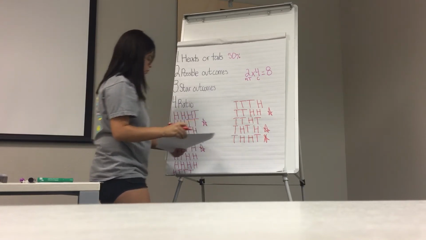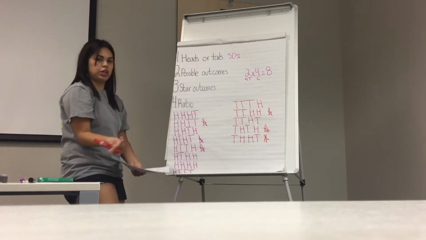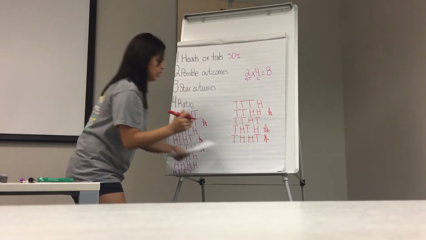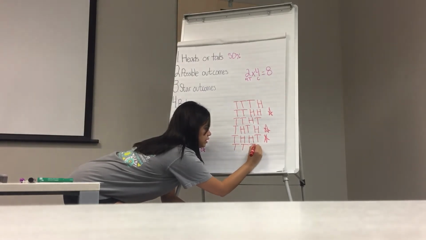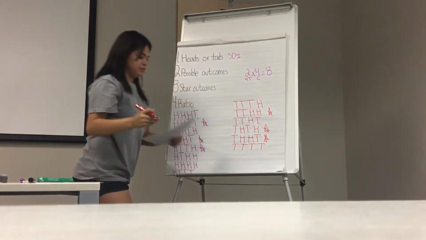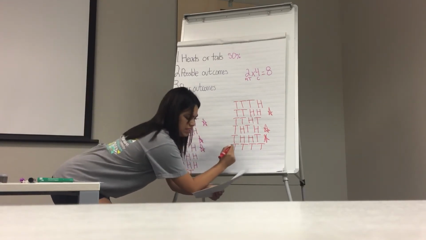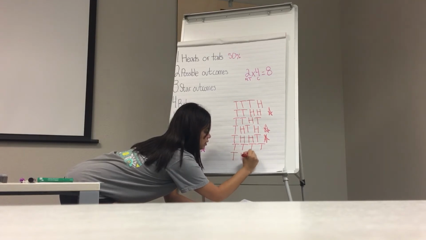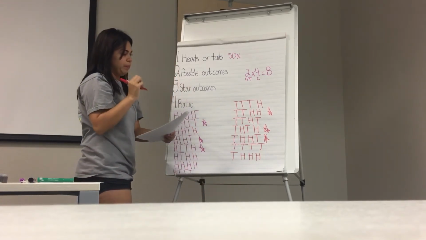And then if you can kind of see, they kind of correlate. They're the same, but we're just starting with tails. We're just switching the letters, kind of. And the next one is going to be tails, tails, tails, tails. And two more. It's going to be tails, heads, heads, heads.